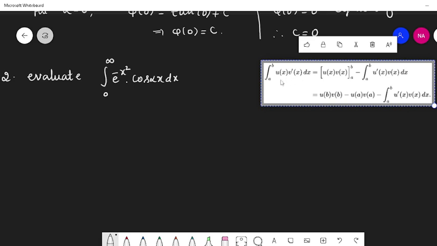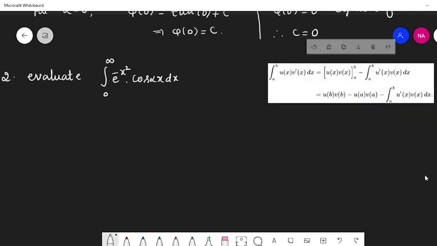So integral a to b u v equals first function u into integral of second function, that product evaluated between the limits a and b, minus under the integral sign, derivative of first function into integral of second function into dx. This is one thing you have to keep in mind.